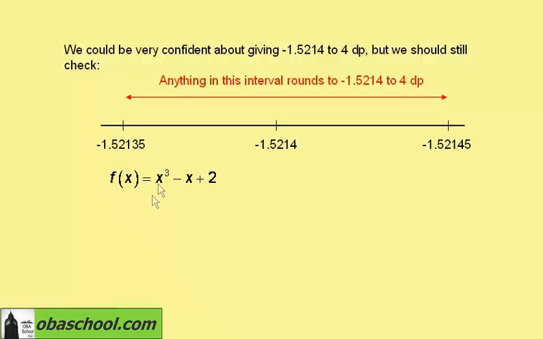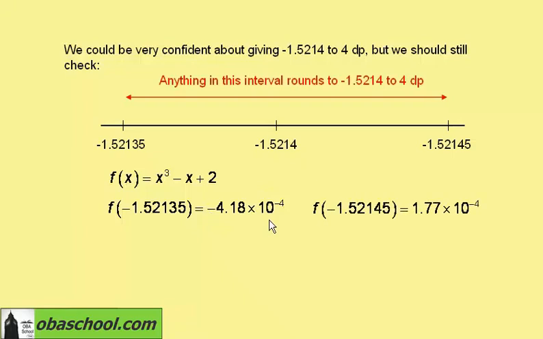f of x is x cubed minus x plus 2. So f of minus 1.52135 is minus 4.18 times 10 to the minus 4. The important thing is that this is negative. f of minus 1.52145 is 1.77 times 10 to the minus 4.